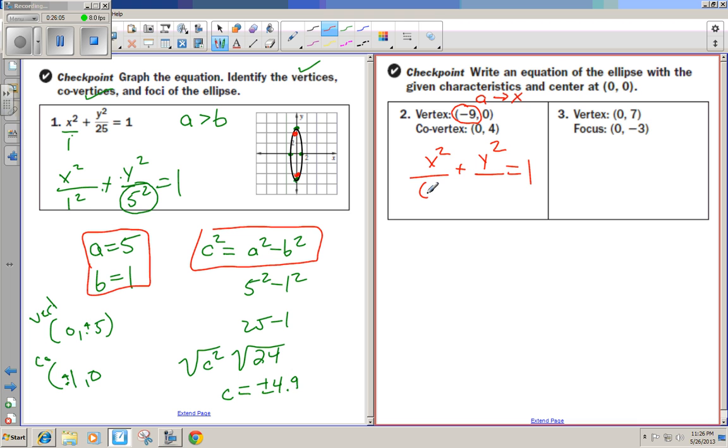So the a value goes underneath the x squared, the b value goes underneath the y, and you have an equation of x squared over 81 plus y squared over 16 equals 1. Remember, whichever number is bigger when it comes to the vertices or covertex, that goes under. So here, this is in the x place, so it goes under the x. This is in the y place, it goes under the y.